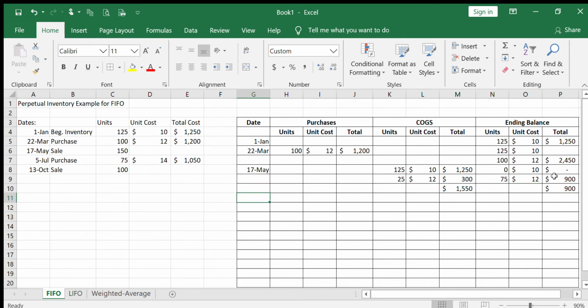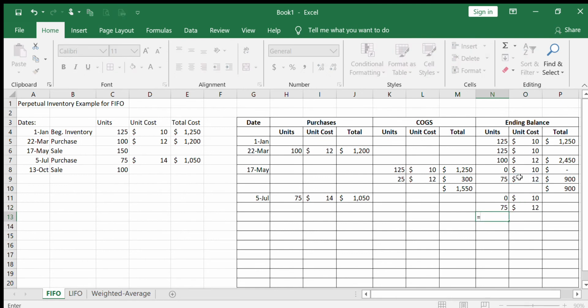So we're going to buy some more units. On July 5th, we are buying 75 more units at $14 each. When we multiply those two together, we get $1,050. So again, we're going to update our inventory. We have our 0 at $10. We have our 75 units at 12.